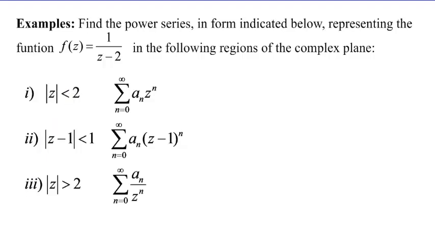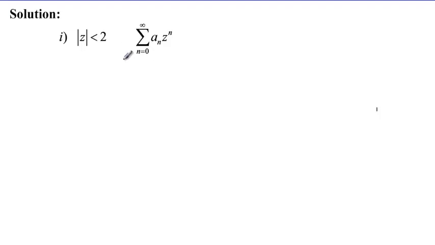Then let's start with the first part where we're given this. Now we have the function given as f of z equals 1 over z minus 2.